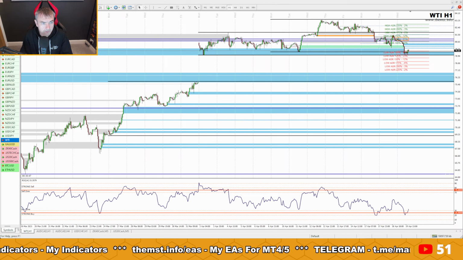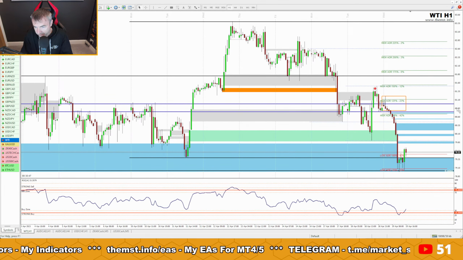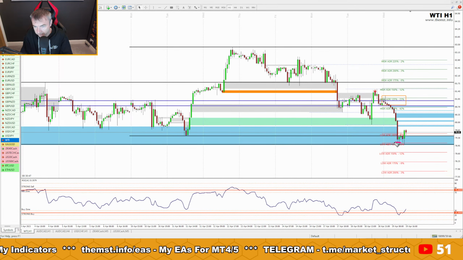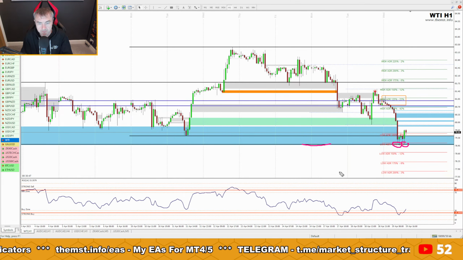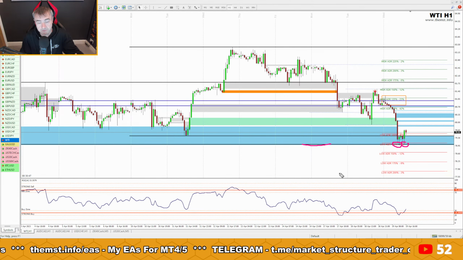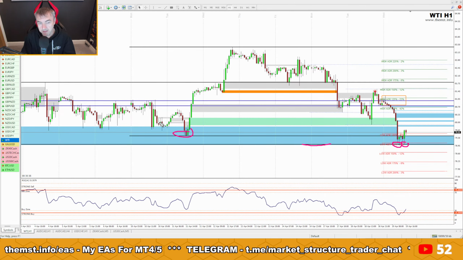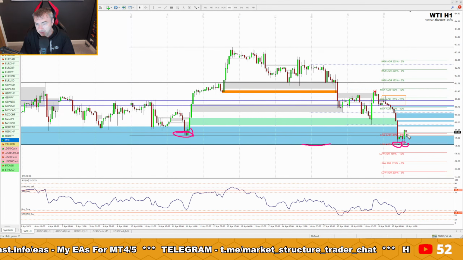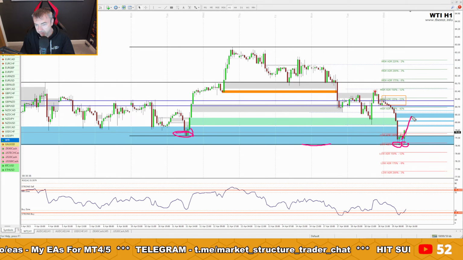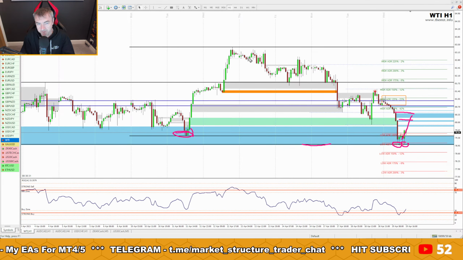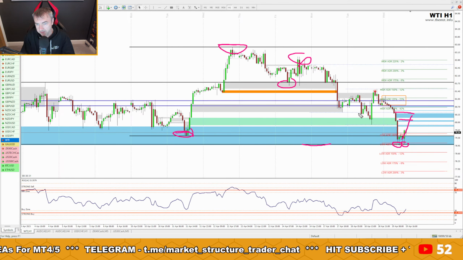So where we are right now, as you can see, we've come off pretty much to the pip on that initial gap up support. We've broken the range low support, and now we're hovering in here. So a little bit of a push back up into propulsion. And I think that's basically what we're going to be looking at.